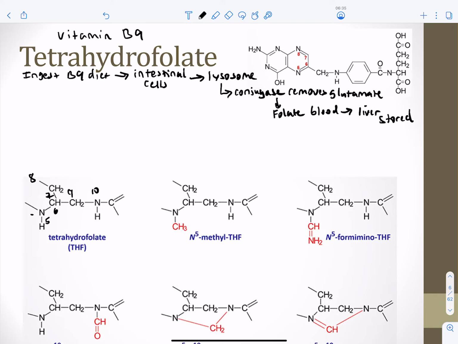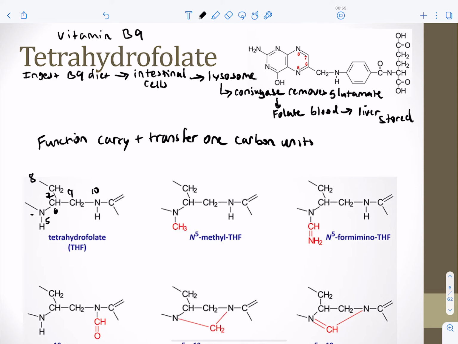The function of these tetrahydrofolate derivatives is to carry and transfer 1 carbon units in biosynthesis reactions.